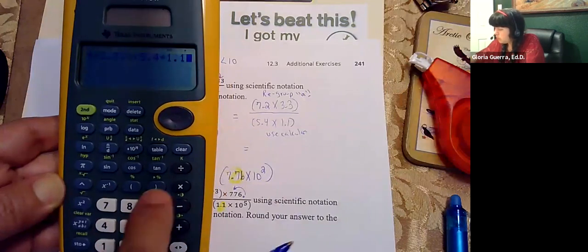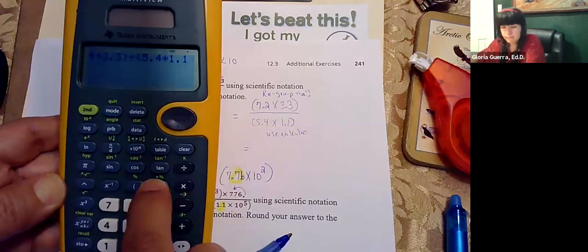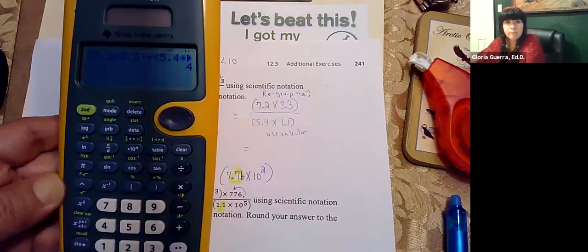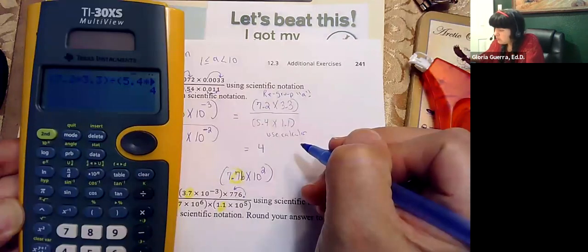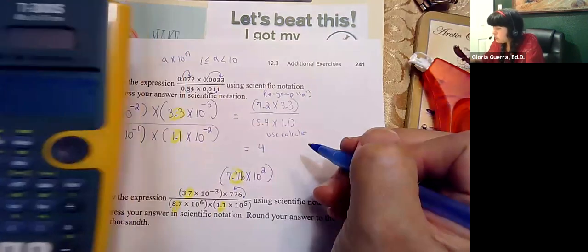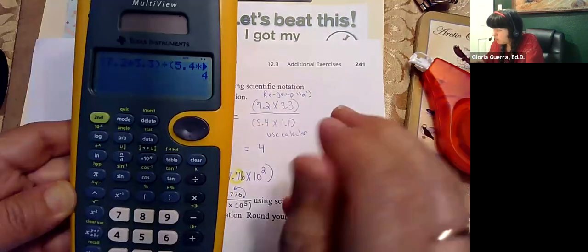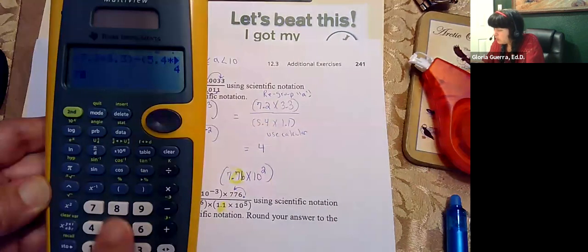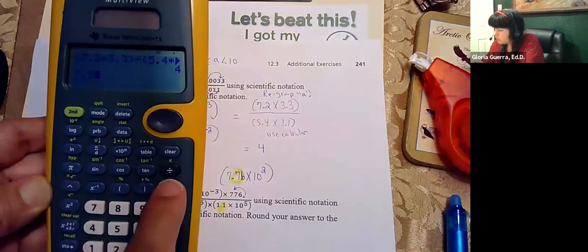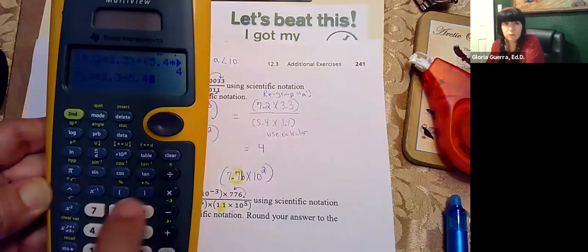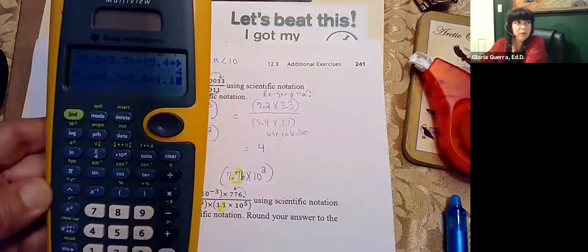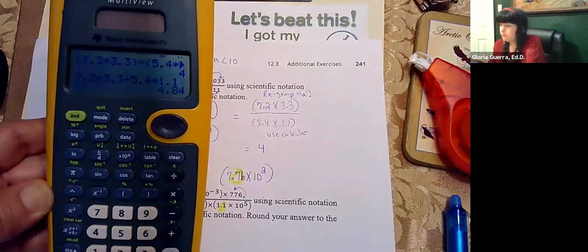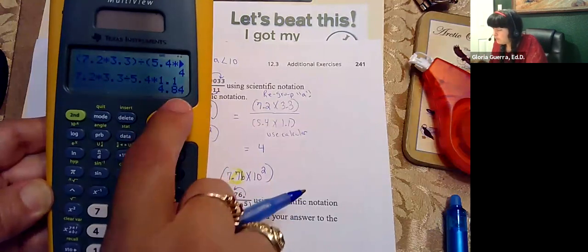See, that gives you 4. Okay, if I don't put the parentheses, 7.2 times 3.3 divided by 5.4 times 1.1, see how I get 4.84? So you do need the parentheses.